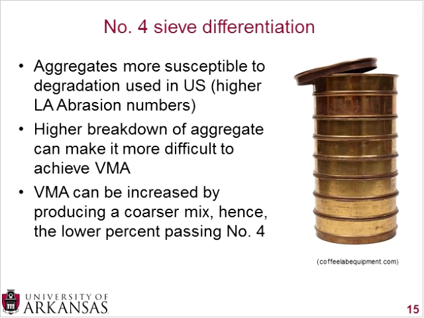You were getting higher LA abrasion numbers. If you start having those higher levels of breakdown of aggregate, it can make it more difficult to achieve your VMA. So in the US, we found that by producing a slightly coarser mix, with a little less material passing the number 4 sieve, you can increase the VMA. So it was an indirect way of helping us achieve the VMA requirements by playing with that number 4 sieve.